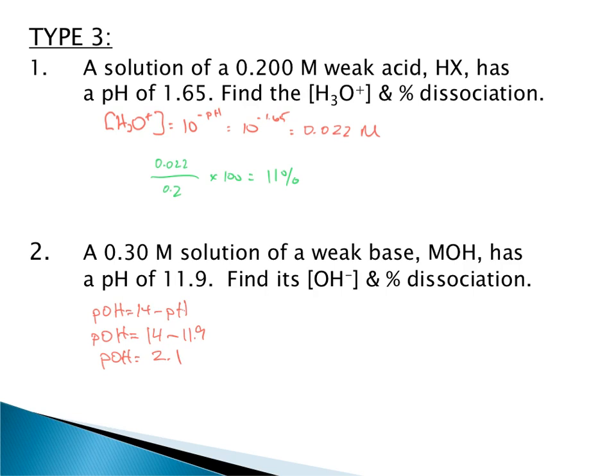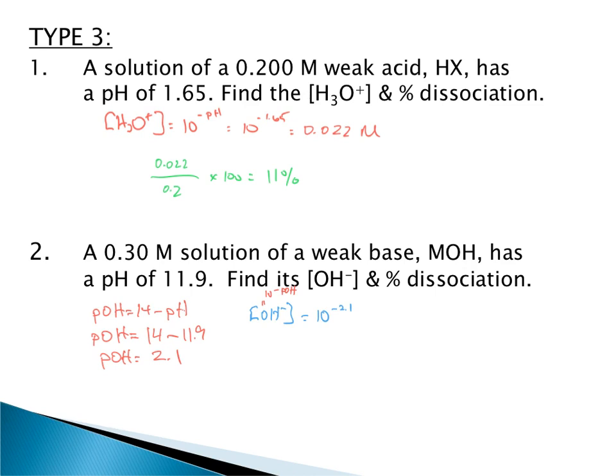Then, in order to figure out the hydroxide ion concentration, it's going to be 10 to the exponent negative 2.1, because the hydroxide ion concentration is equal to 10 to the exponent minus pOH, just like above, the hydronium ion concentration was 10 to the exponent negative pH.